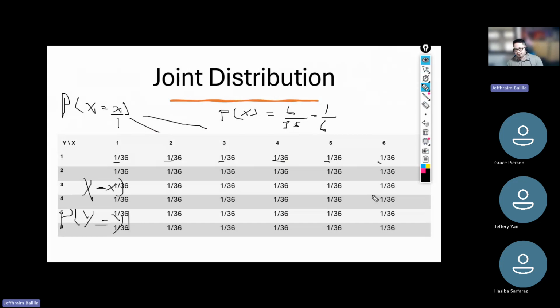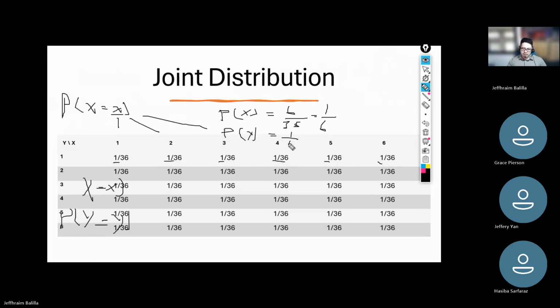Because if you remember, we defined the marginal probability of x before, and observing any value that x can assume, either 1, 2, 3, or any value from 1 to 6, will be equal to 1 over 6, right? And for y, it would still be the same because it's just the same die. We just denoted a different letter for it. So that would also be equal to 1 over 6, right?